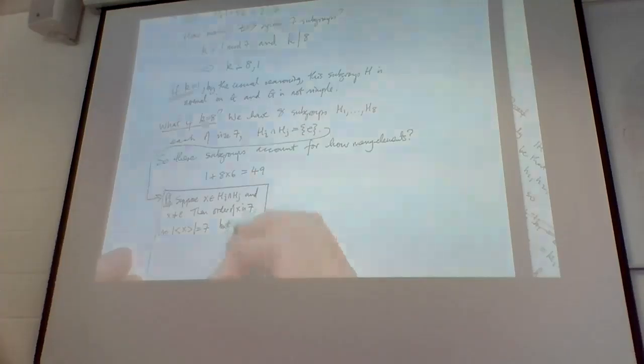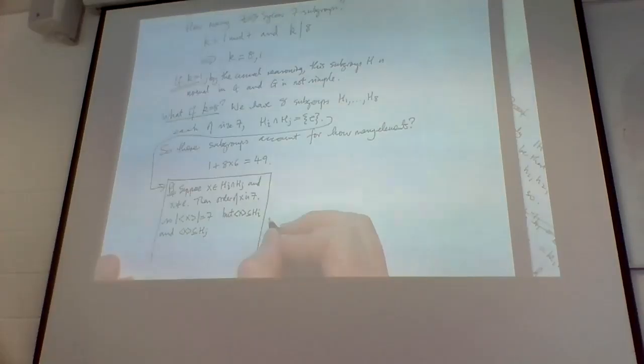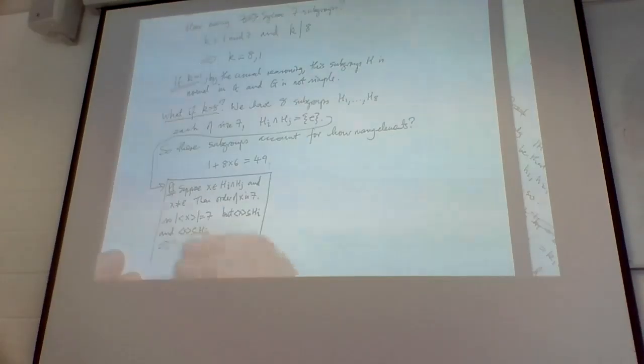But the cyclic subgroup generated by X is contained in HI and contained in HJ. HI and HJ have size 7, so if they contain a subgroup of size 7, they must be equal to that. So the cyclic subgroup generated by X is equal to HI and equal to HJ. So that implies that HI is actually equal to HJ.